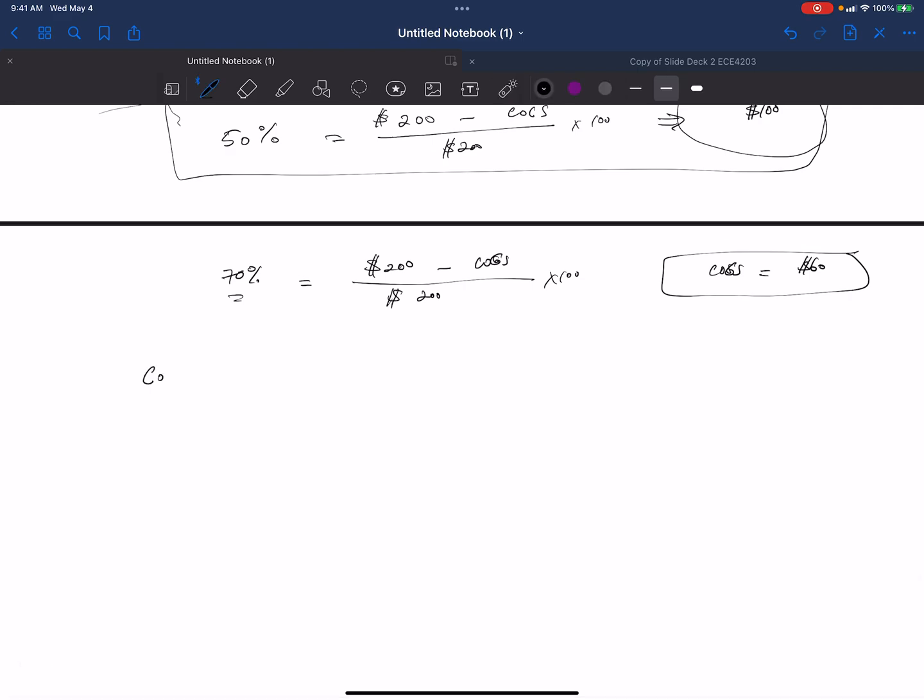So cost of goods sold in the 14 nanometer process is $100. Okay, and this is going to have more than three components, but three major components: the cost of the silicon, the package cost, and the test costs. I made some assumptions here.